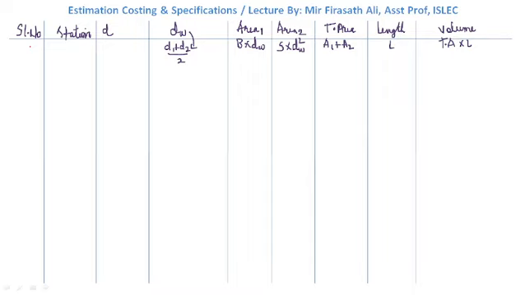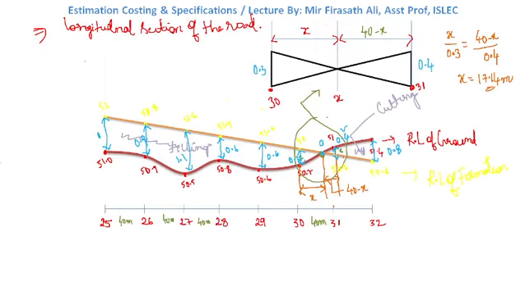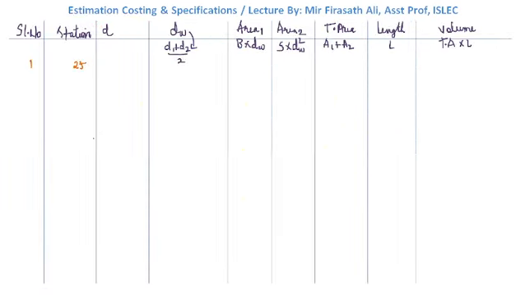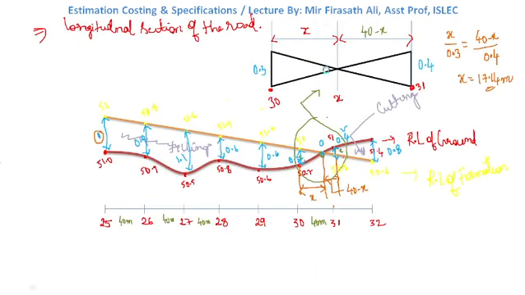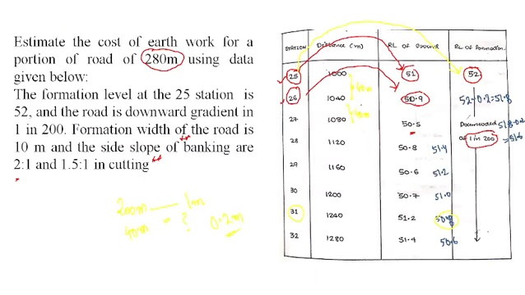What is our first station? First serial number is station number 25. What is the depth of station number 25? Depth is 1, so we will write 1 over here. For the first one, everything else will be blank. Now one more thing given in the question: for banking, the slope is 2:1.